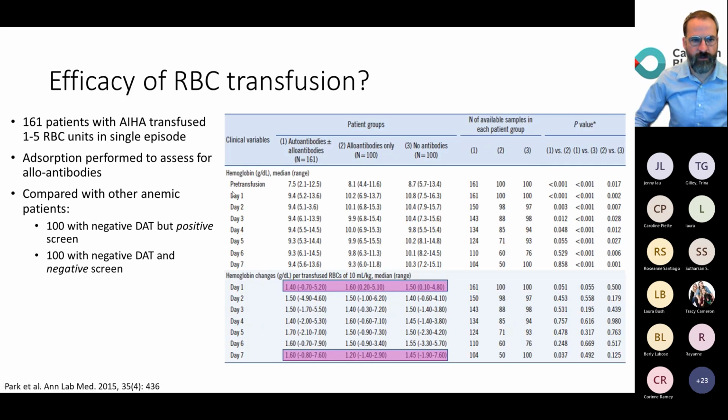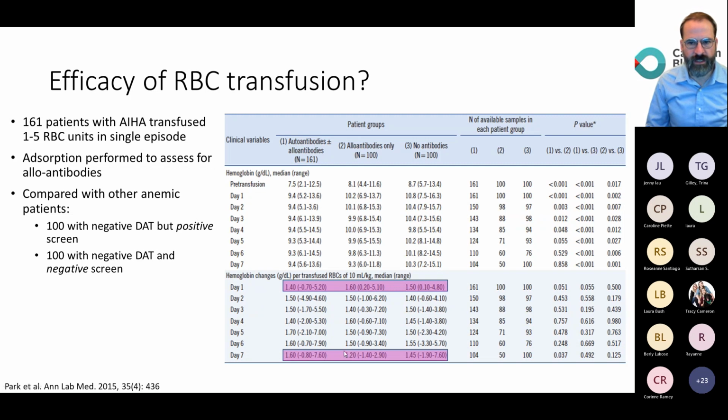And in terms of the efficacy of transfusion, there's this nice study that looked at 160 patients that were transfused anywhere from 1 to 5 RBC units. They compared these patients with patients that had a negative DAT but alloantibodies that were detected, and another group of patients that had no antibodies and a negative DAT. You can see that they looked at days 1 through 7. You can see the average change in grams per deciliter, so multiply this by 10 to get the units that we're using, for every 10 mL per kilogram of RBCs that were given, was not statistically significantly different across the 3 groups, except by day 7.